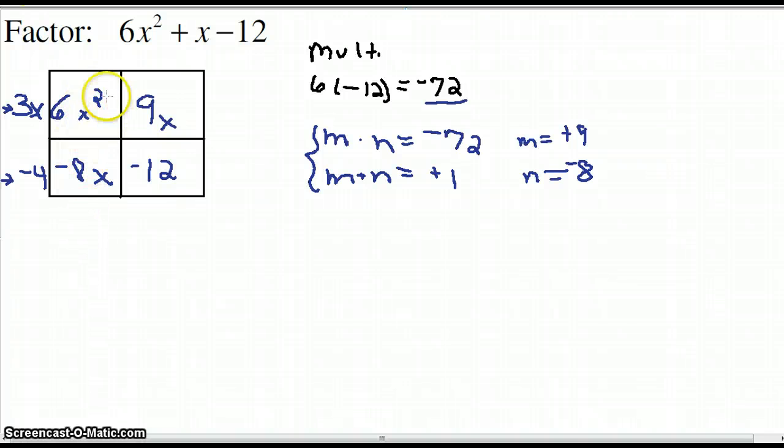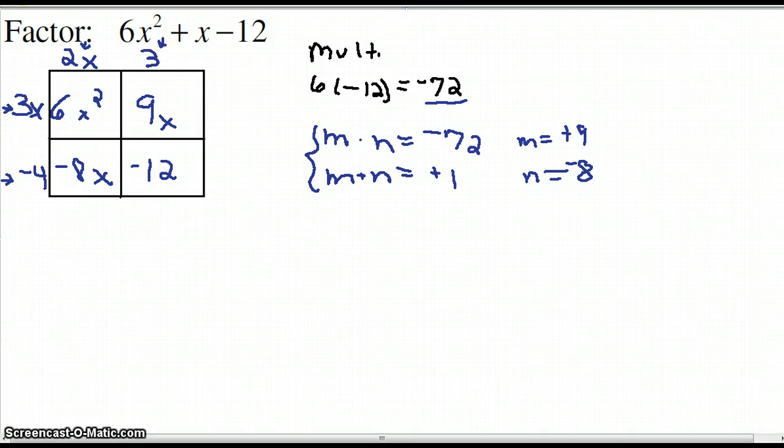That's what we get when we come to the first column. What these have in common, coefficient-wise, is a 2, and they both have an x. And then with the second column, what these have in common is a 3. We'll take it out as a positive 3. Okay?